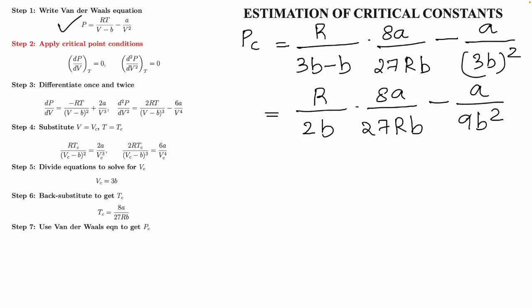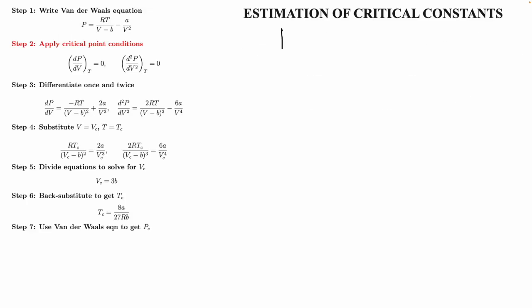So we have R by 2B into 8A by 27RB minus A by 9B square. In here we can just cancel out R, and 2 and 8A will get cancelled out, and the resulting equation is 4A by 27B square minus A by 9B square.